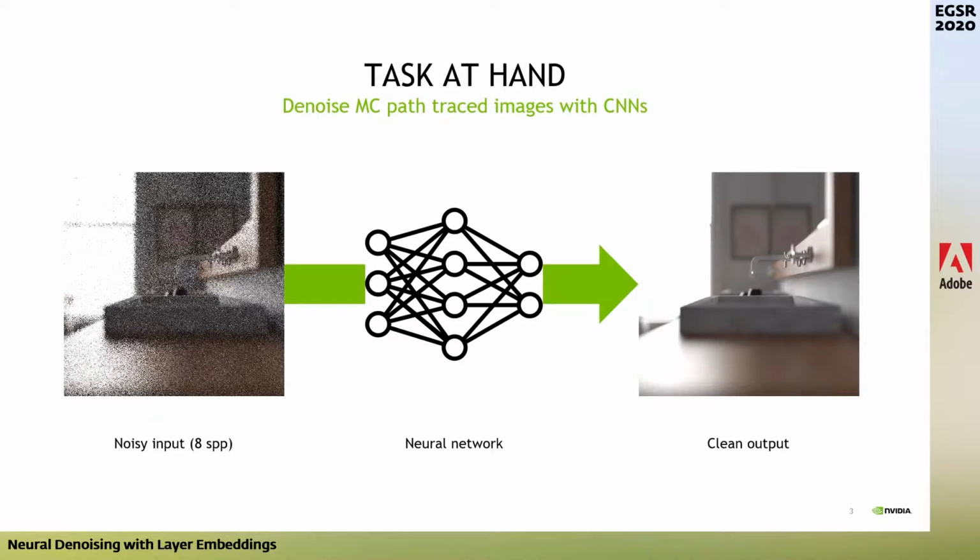One example is shown to the left, where I show the result after 8 paths per pixel, and you can see that it's very noisy. So the task at hand here is to train a deep neural network that takes these noisy input renders and creates clean looking outputs.